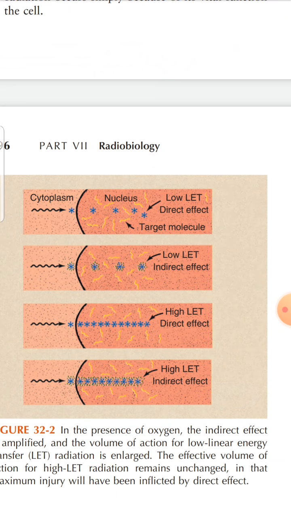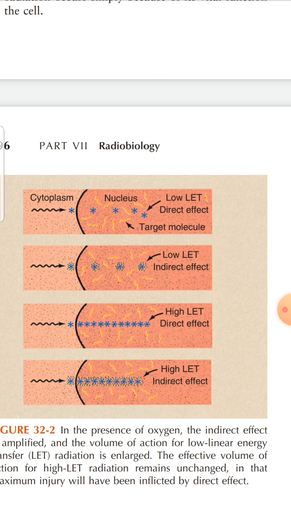So this is basically the rate at which the ionizing radiation is transferred to the soft tissue. And there are two factors responsible for the direct and indirect effect of a hit, and these factors are linear energy transfer and the oxygen effect that we have previously discussed.